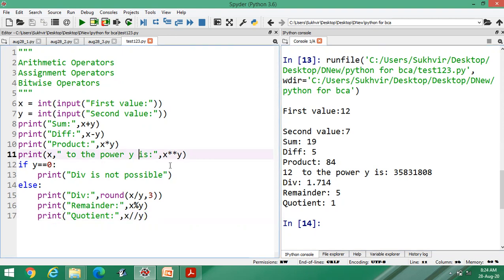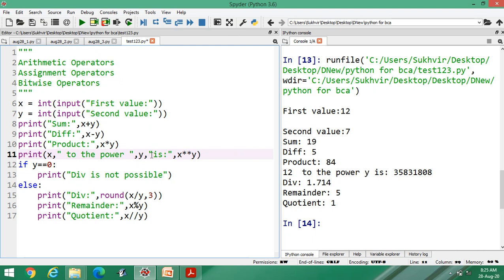Let us do the change here. You can write y like this.